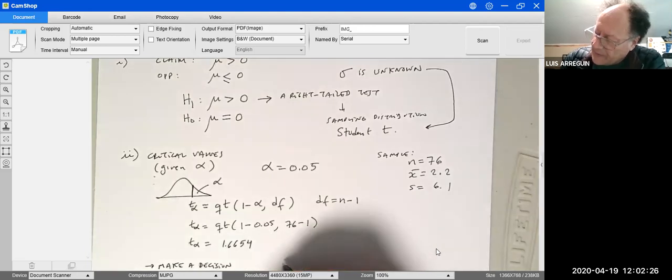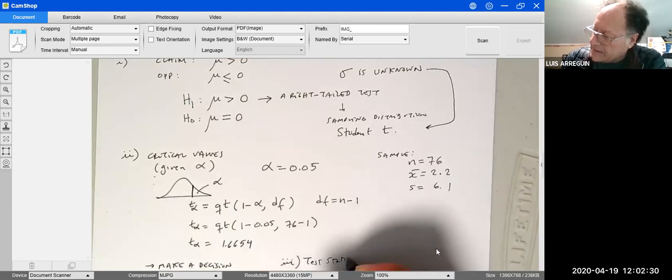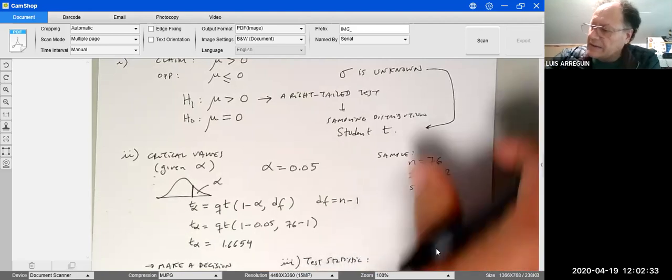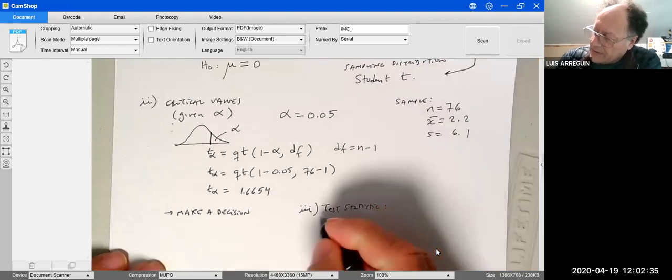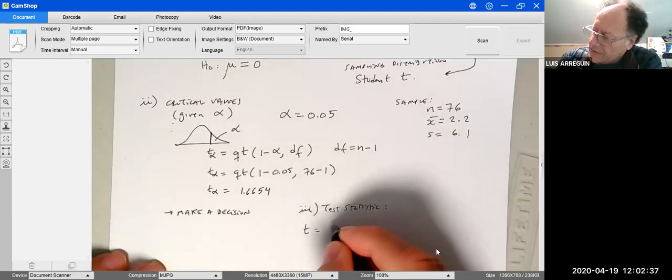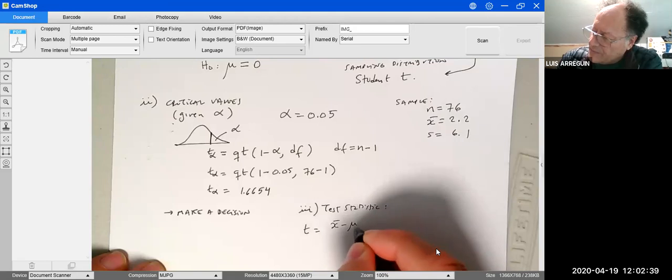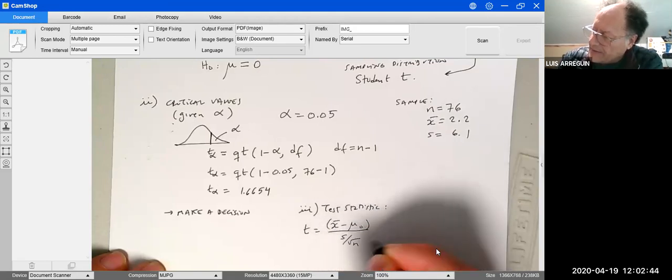Our test statistic is going to be T. So we're going to have T equals x bar minus mu from the null over S over the square root of n.